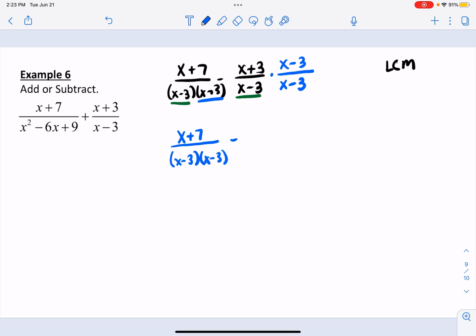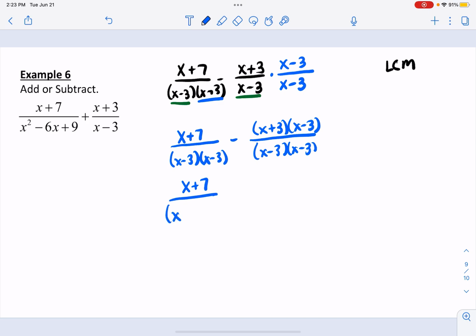Of this first term. Now this over here, my common denominator is still x minus 3, but I have to multiply this x plus 3 times by the x minus 3. Again, I don't multiply anything through in the denominator, I should say.